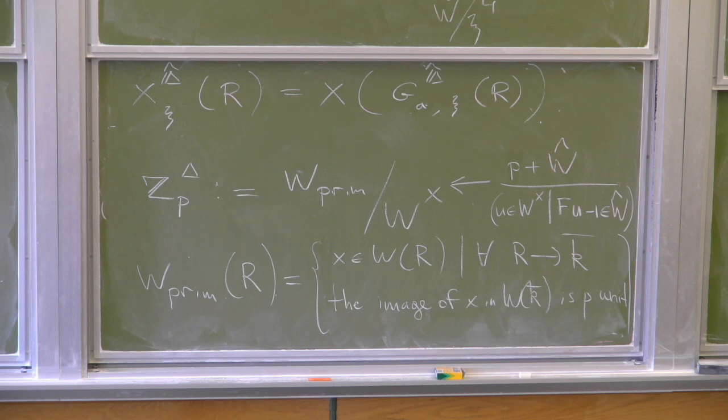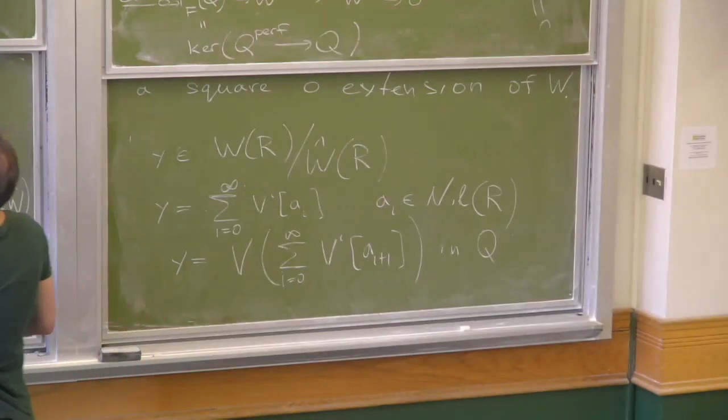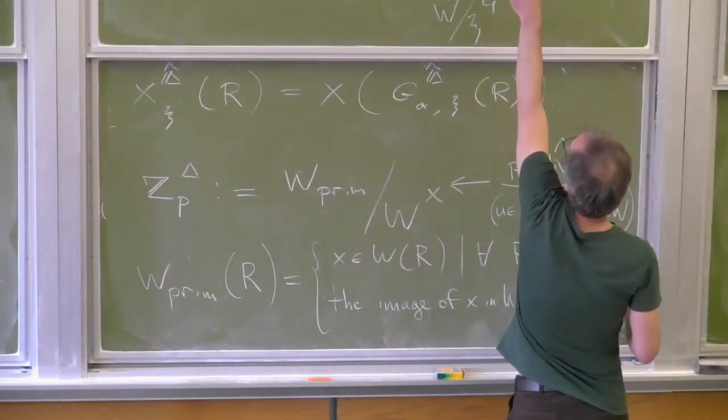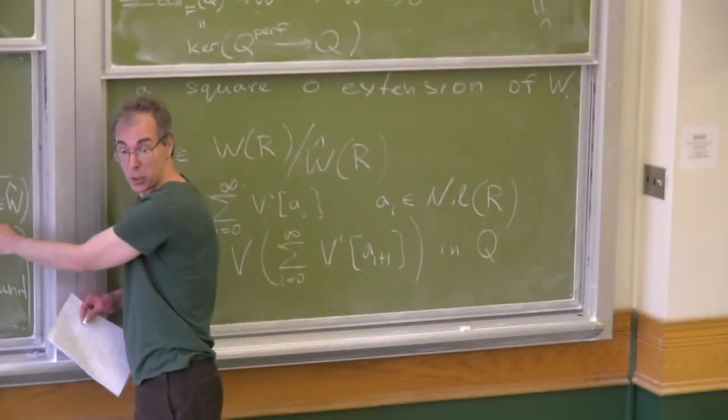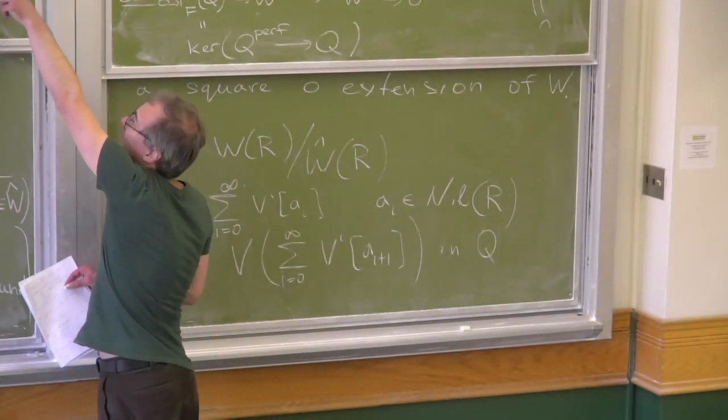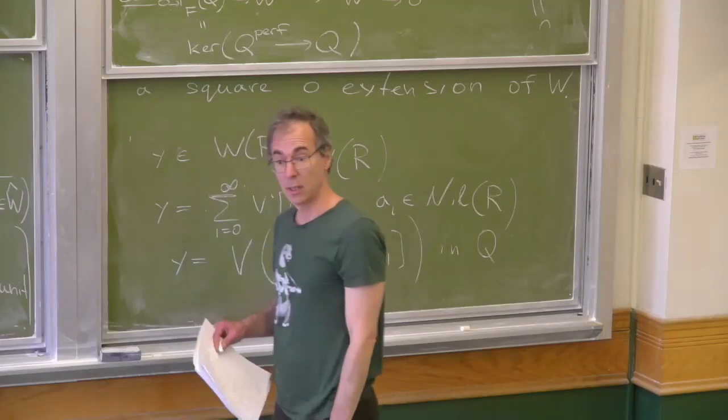So this group is slightly larger than the group that we considered over there. But if you apply Frobenius to this U, you get an element of W cross hat.